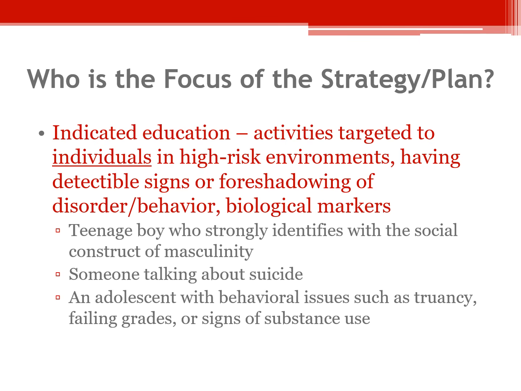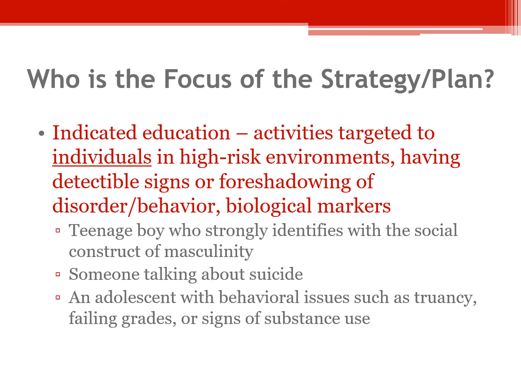Some examples of indicated education would be specific education in schools for teenage boys who strongly identify with the social construct of masculinity, and as they start to show some of the negative and in some ways antisocial elements that go with some of the more damaging expressions of the social construct of masculinity, they can have indicated education.